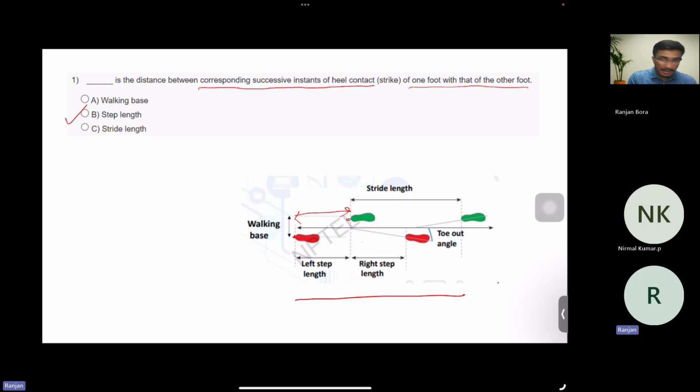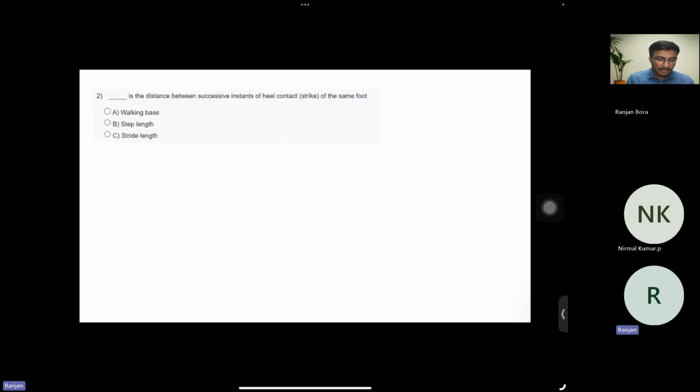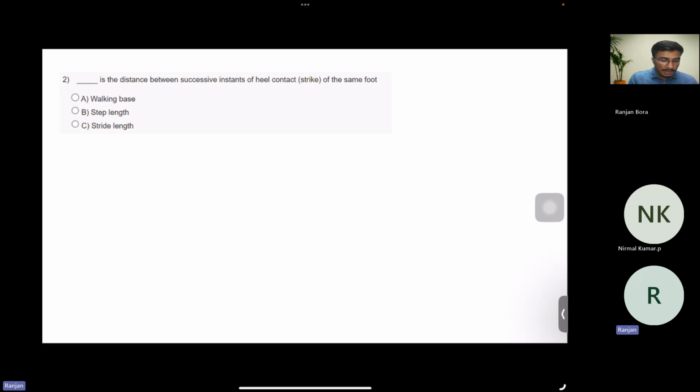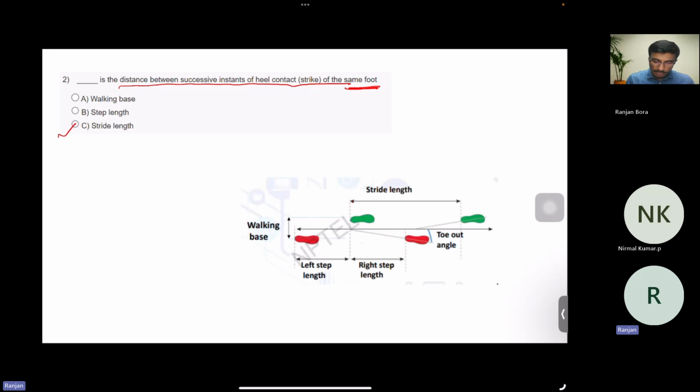So option B is correct. And the next question is about the distance between successive instance of heel contact of the same foot. So the distance between the heel contact of the same foot is the stride length. This is the stride length.